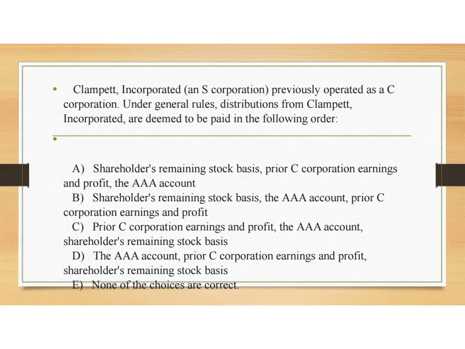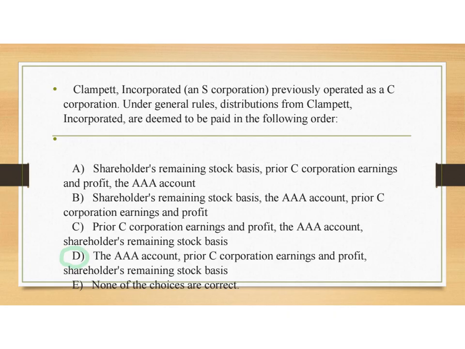All right, so again, we've got Clampett, this S corporation, which was previously a C corporation. Under general rules, what order are the distributions deemed to be paid? Okay, so this is just one of those things that you have to remember, right? And so typically what we're looking at is D is the correct answer.